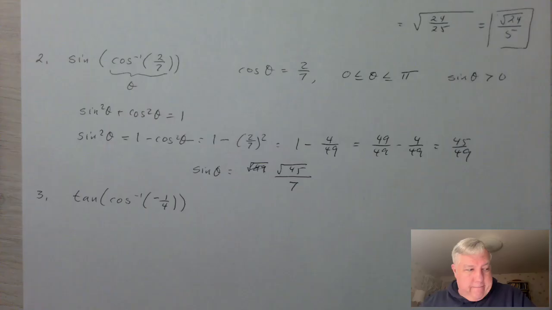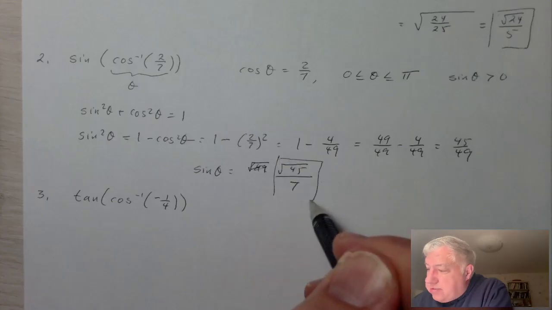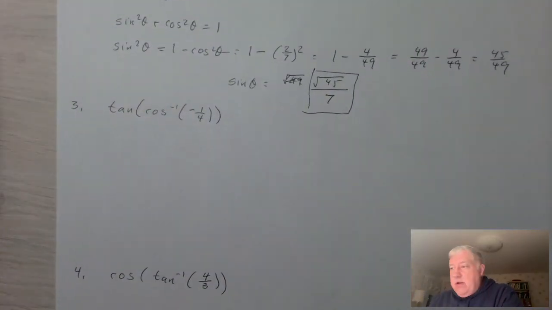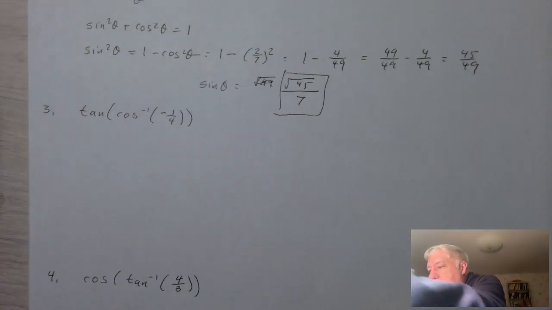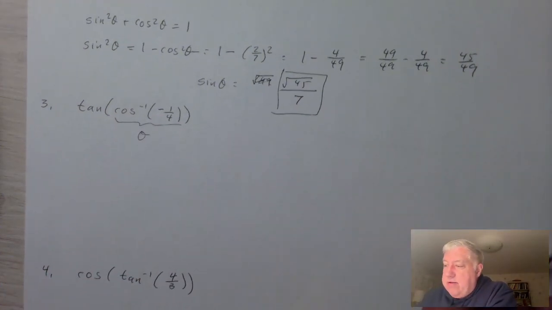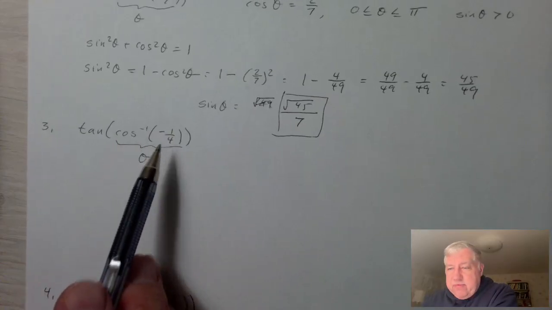All right. Let's look at the next one. Make a box around this. Here we have, again, if we call the inside expression theta, once again theta will be the inverse cosine of something, which is negative 1/4.